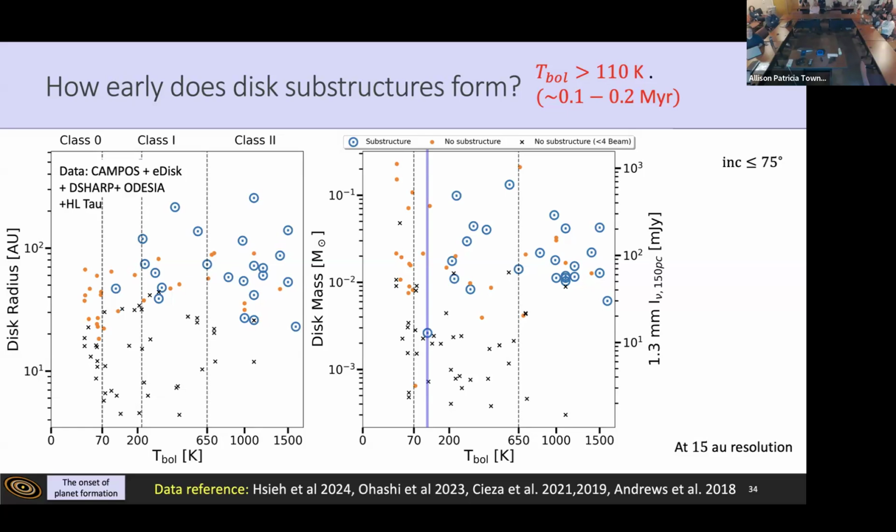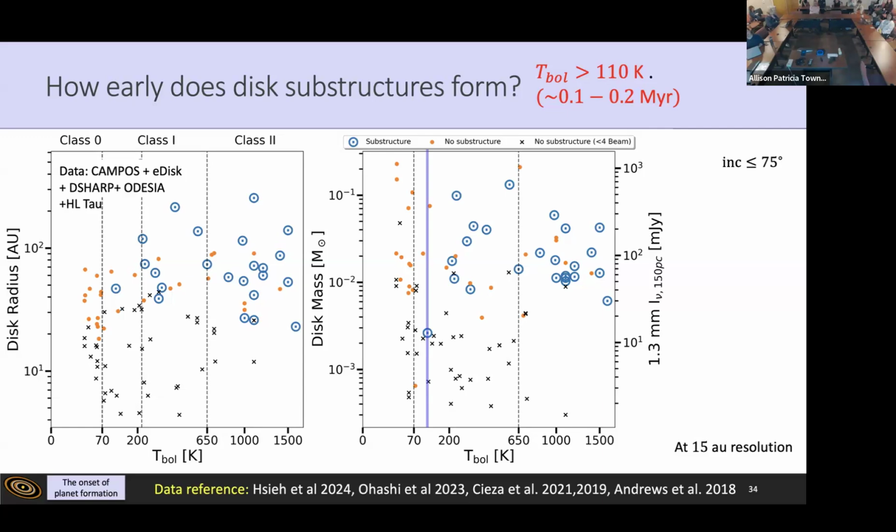And that is very interesting because this corresponds to an age around 0.1 to 0.2 million years. So this is telling us that substructures appear way earlier. If you look at the current literature, people think that the substructures appear between Class 1 and 2, but that's not the case. Substructures appear in the early Class 1.